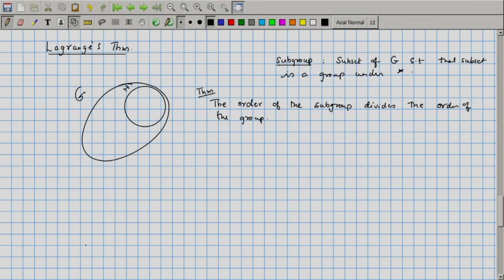Okay, which essentially means, if G had 35 elements, then any subgroup must have either 1 element or 5 or 7 or 35 elements.